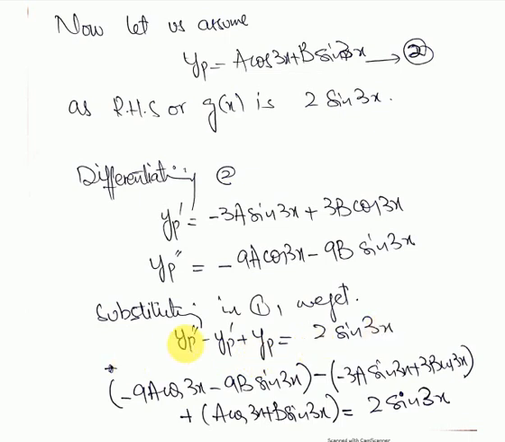Now putting these terms: yp double dash is this term, minus yp dash, already calculated, plus yp, what we assumed, a cos 3x plus b sin 3x, which is equal to 2 sine 3x.